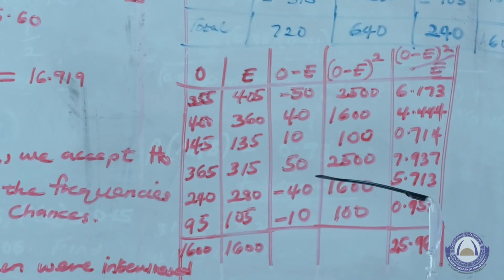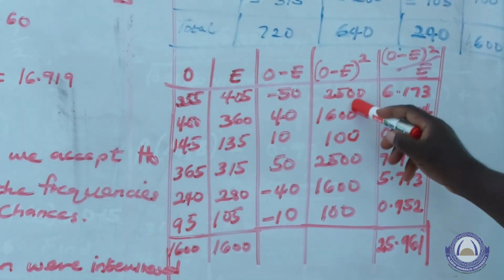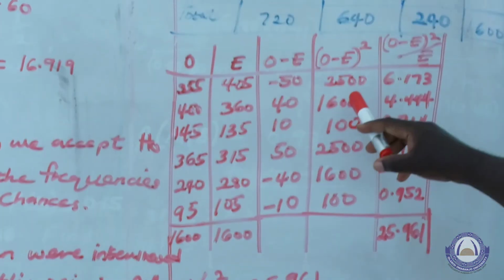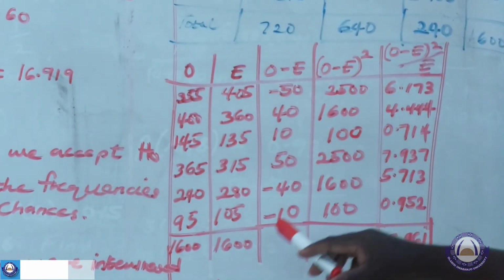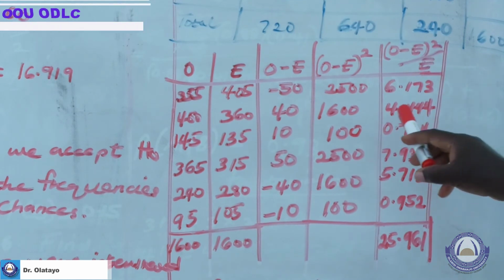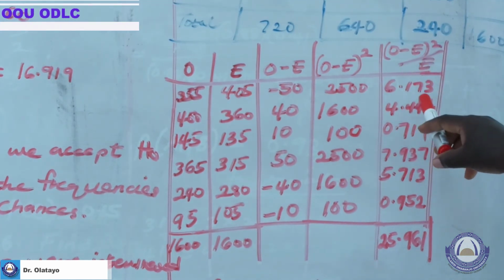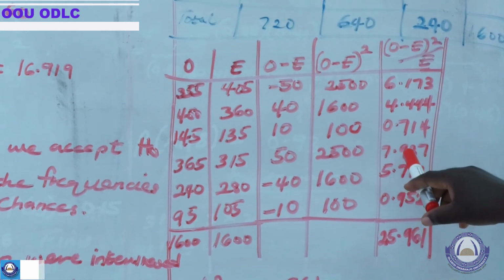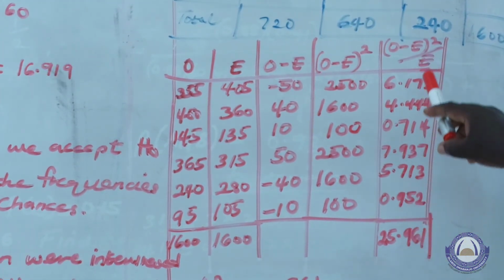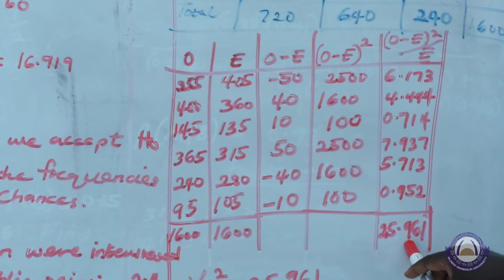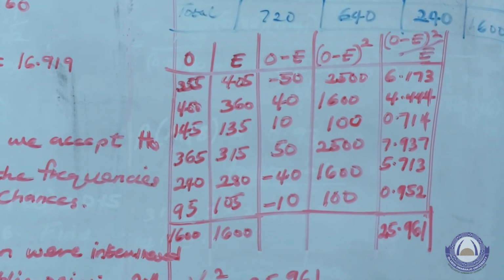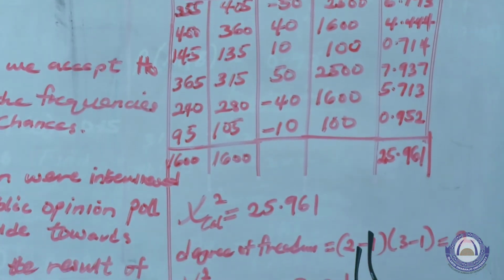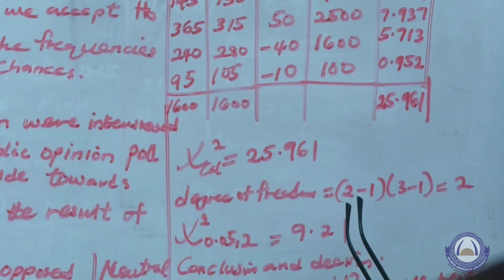Now we divide each value by its expected value, and we add everything together. We have 25.961, which is chi-square calculated.